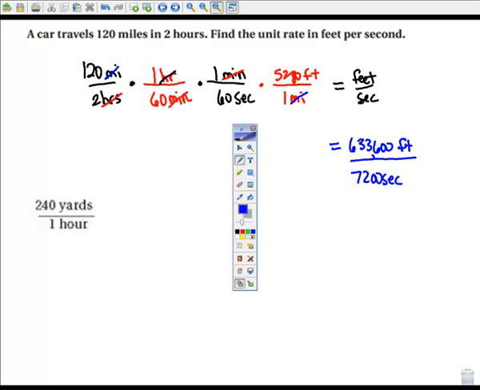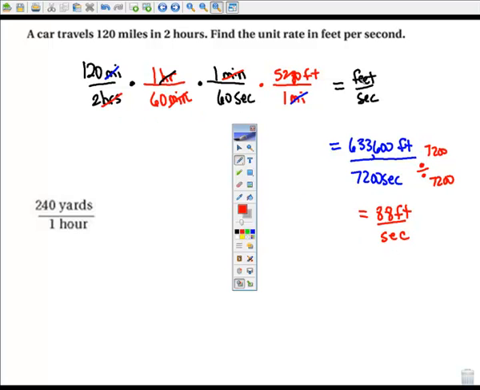Well, now, since they want it as a unit rate, I have to divide both the numerator and denominator by 7,200. So when I do that, 633,600 divided by 7,200 gives me 88 feet per second.